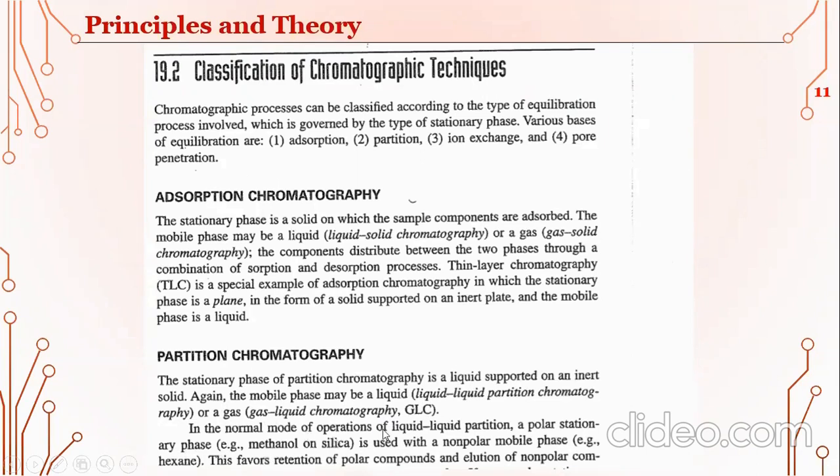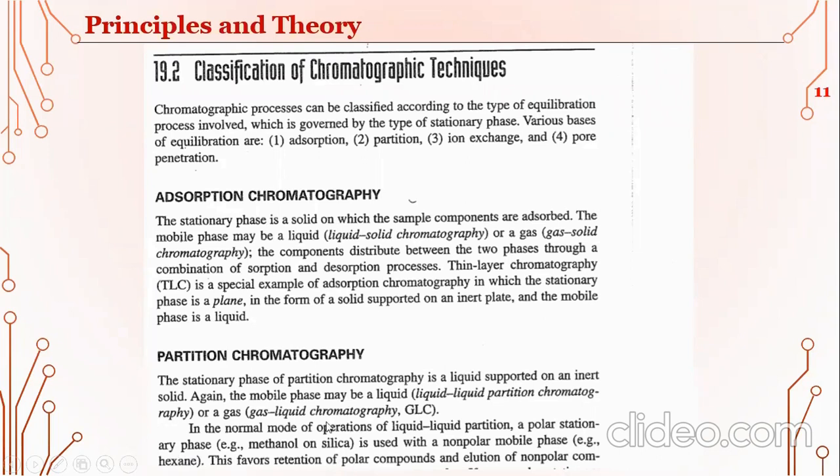In the normal mode of operation of liquid partition, a polar stationary phase is used, for example, methanol on silica. So silica will be used as the inert material and methanol as the stationary phase, with a non-polar mobile phase, which will be hexane.